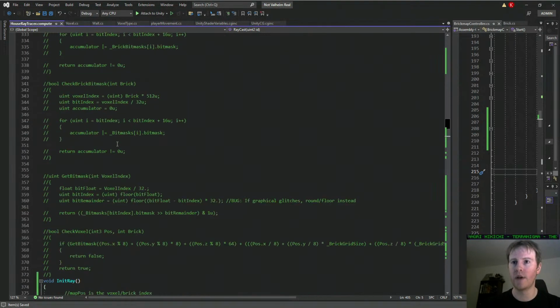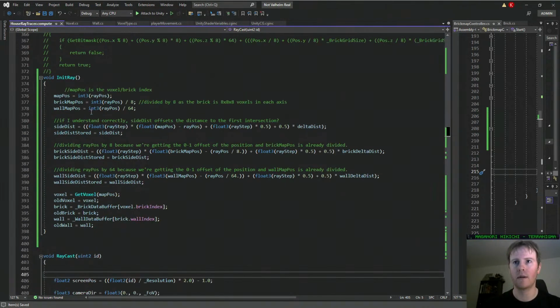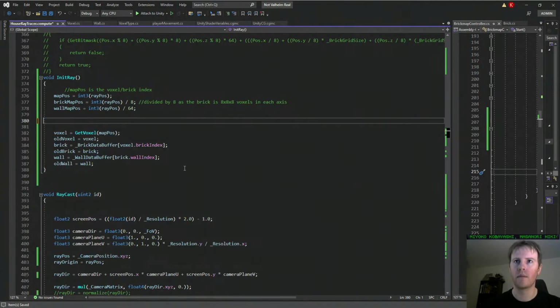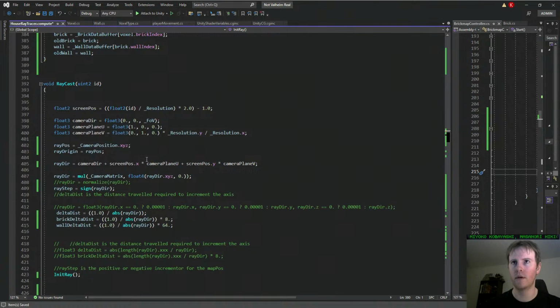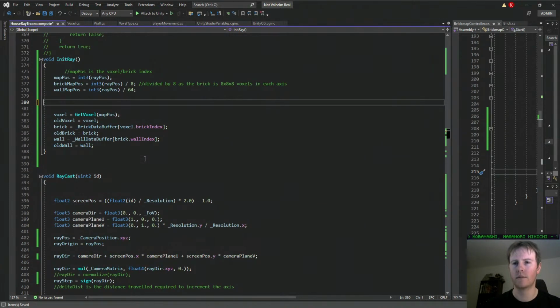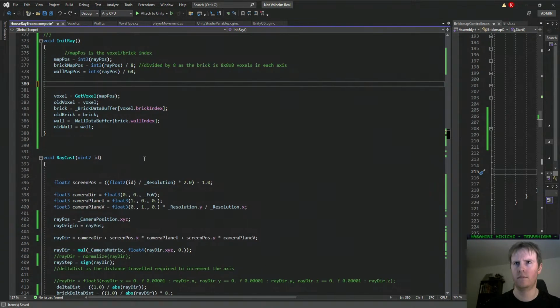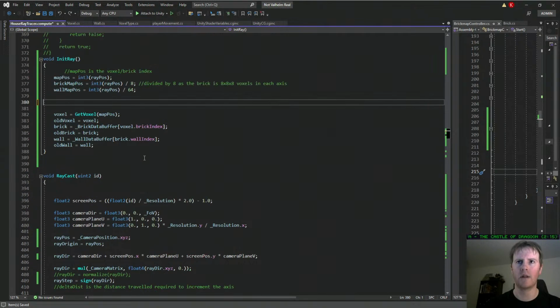Let's just rip the side dist out of the init entirely. And then we're left with this only, which is a lot less than I thought.